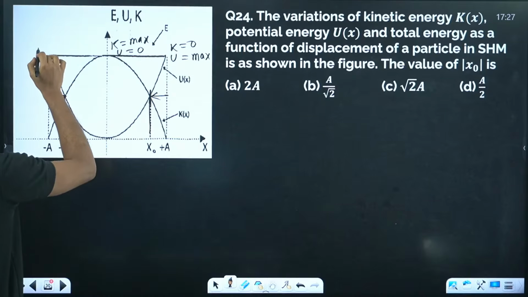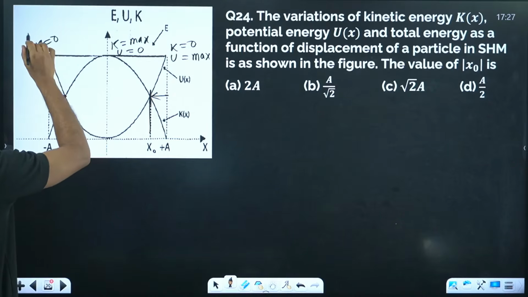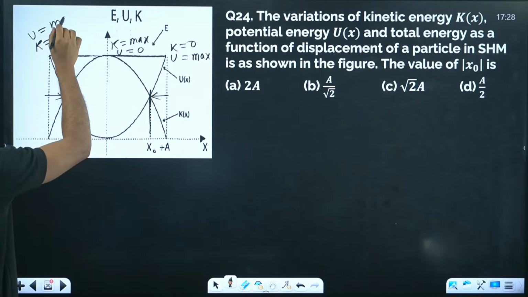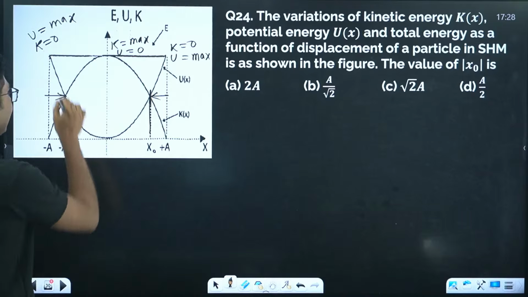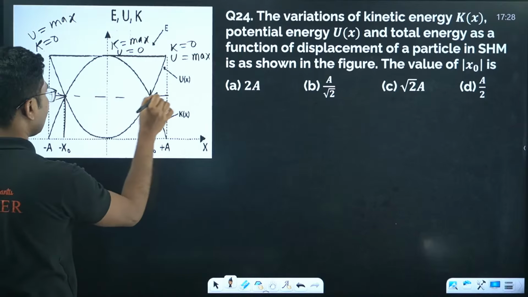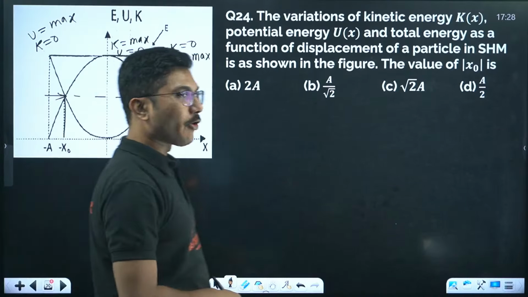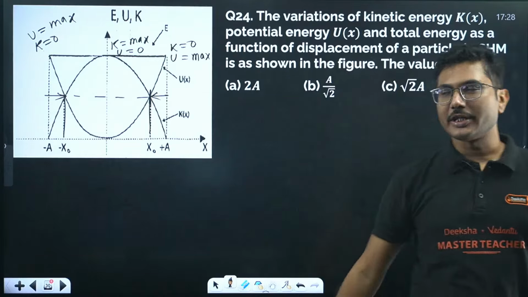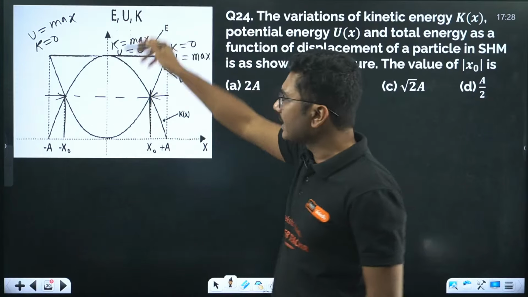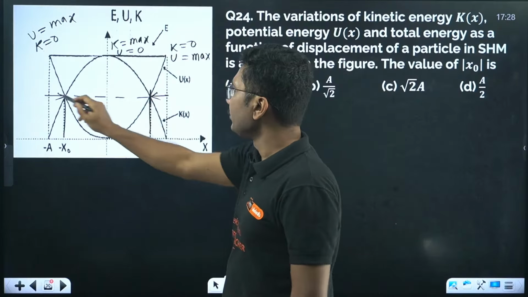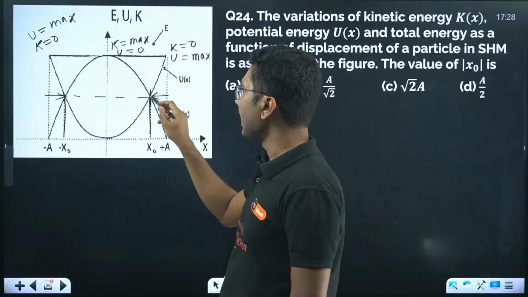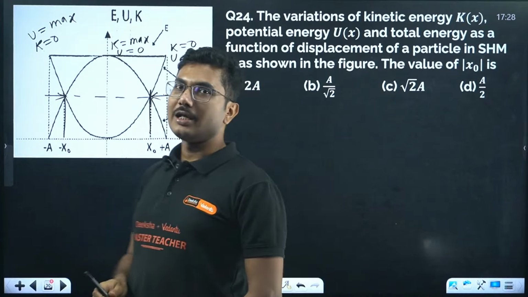Same over here, kinetic energy is 0, potential energy is maximum. Now when these two lines meet, at this point kinetic and potential energy are the same. This axis represents the energy, so they are meeting at some point, meaning kinetic and potential energy are equal.